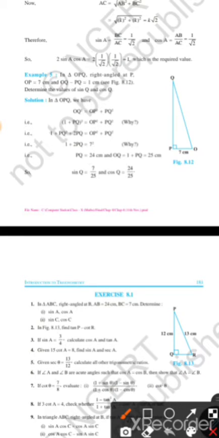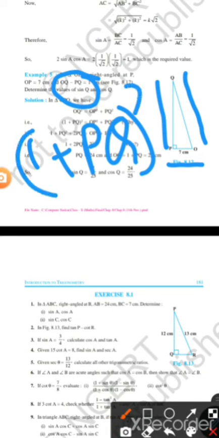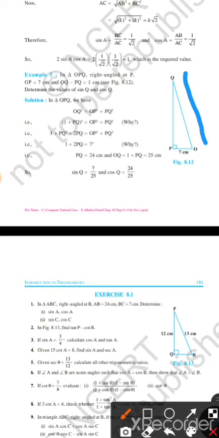That is, OQ square will be equal to OP square plus PQ square. As given here, OQ minus PQ equal to 1, so OQ will be 1 plus PQ, whole square.